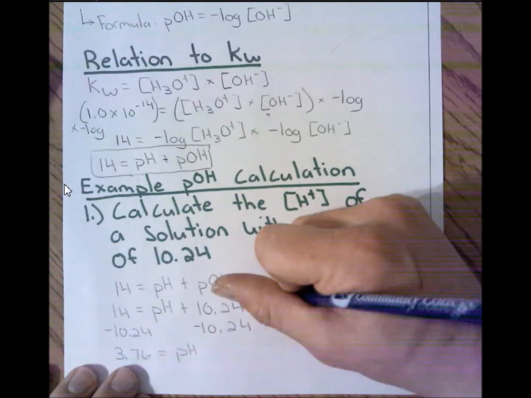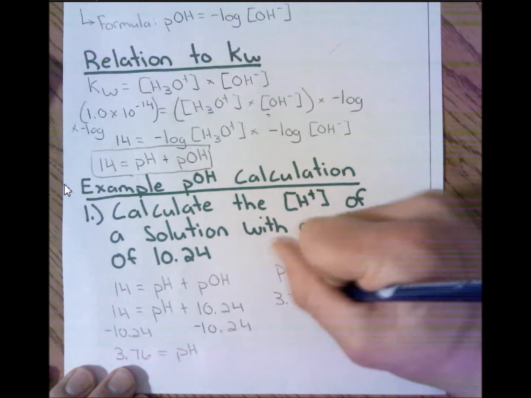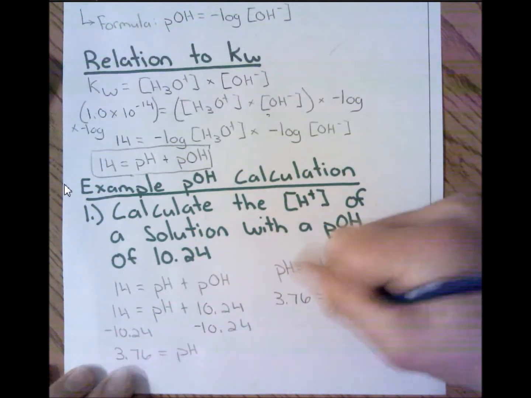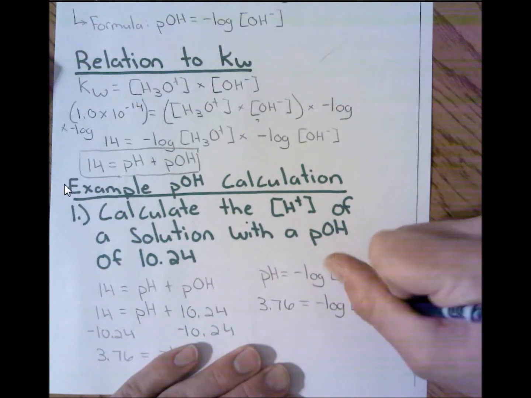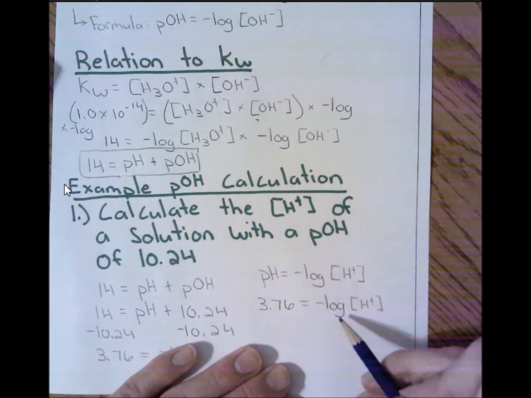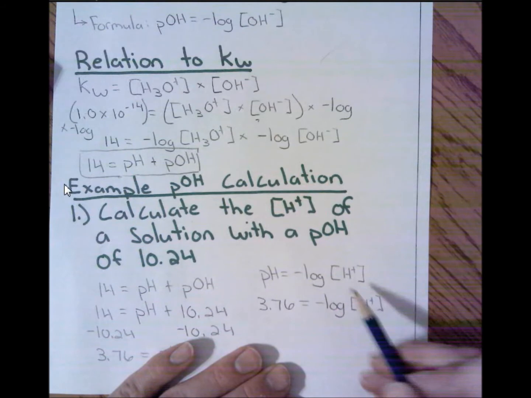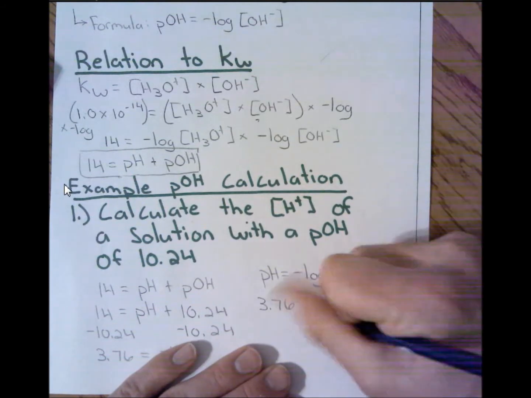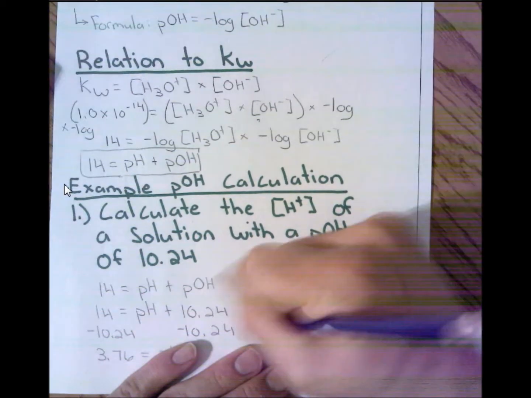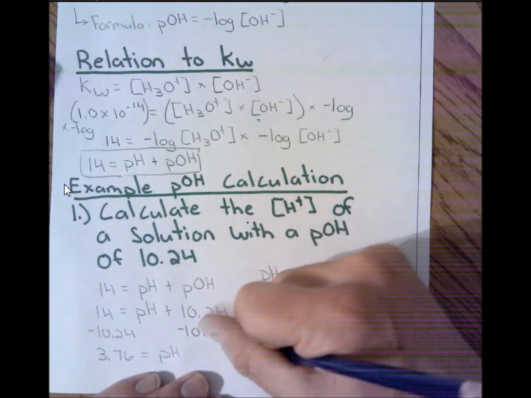Now we have a dilemma. We've got to get rid of this log. But before we do that, I'm going to concentrate on this negative sign. I'm going to divide each side by negative 1. And so this gives me negative 3.76 equal to log of H plus.